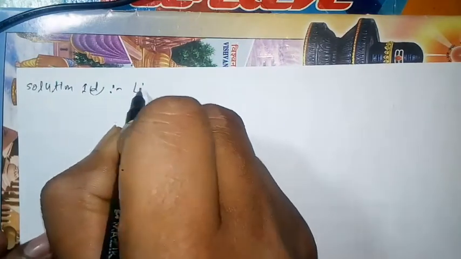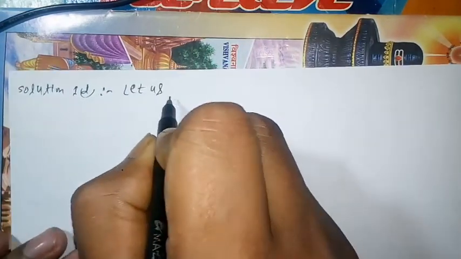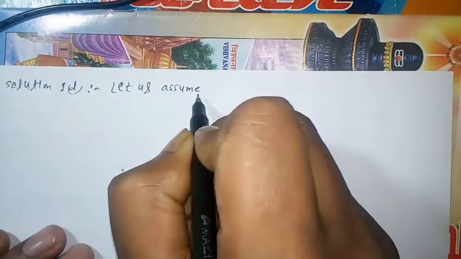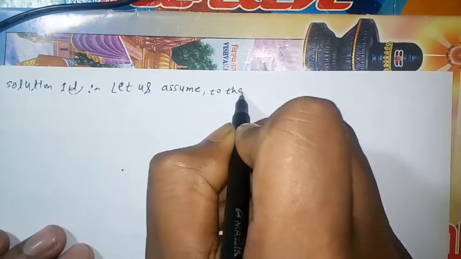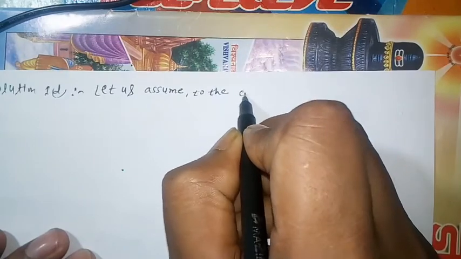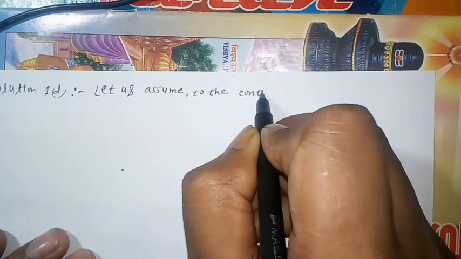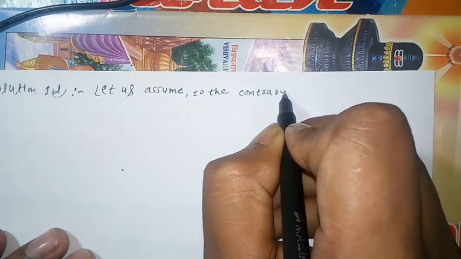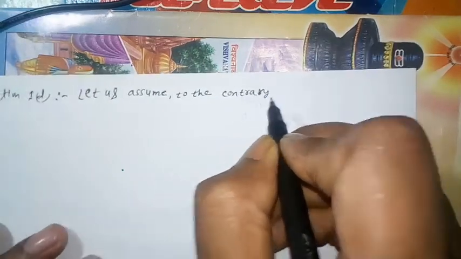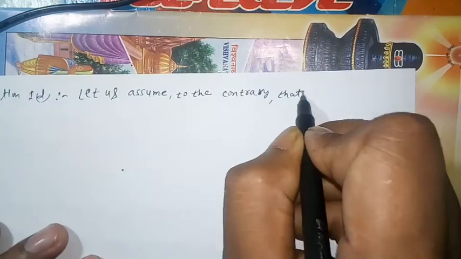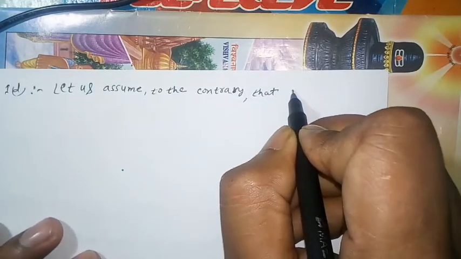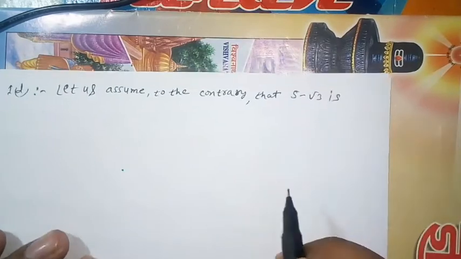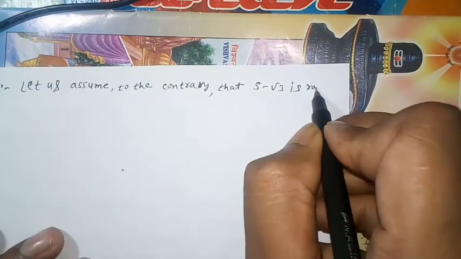Let us assume to the contrary that 5 minus root 3 is rational.